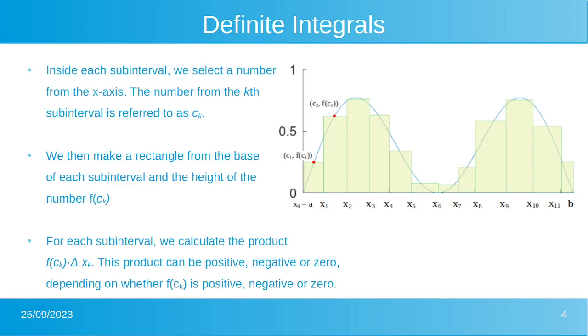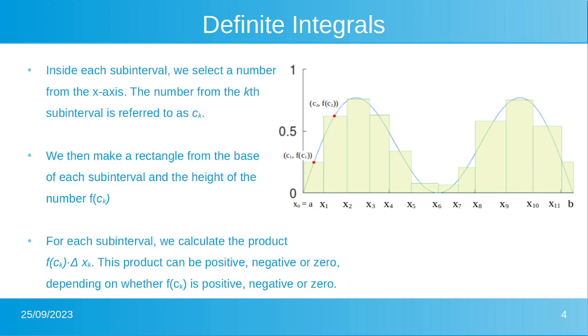To explain this, if we have a look at the plot on the right hand side, for that first subinterval, from x0 to x1, what we do is we select an x value from within that first subinterval, and we've called that x value c1.